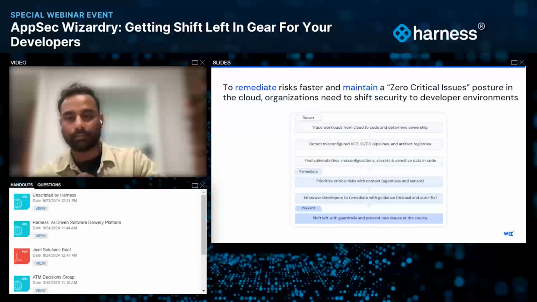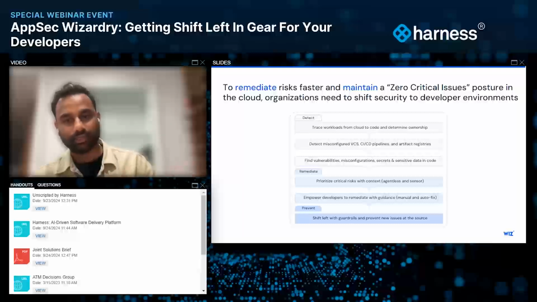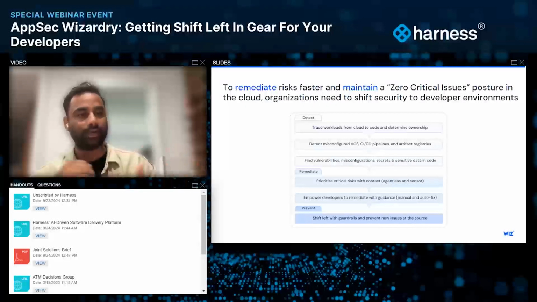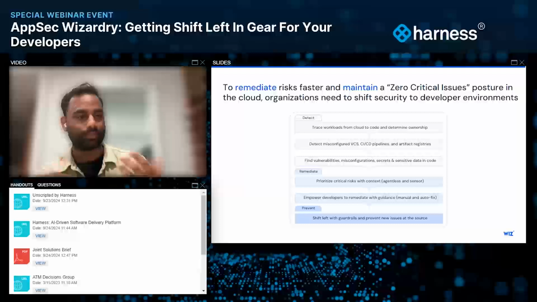And really, the outcomes that a lot of our organizations have received are twofold. The first is remediation. They've been able to improve their security posture by shifting a lot of the scanners and policies that we have in production to the left, because now they can quickly identify the root cause of issues, the code repositories, for example, and the risks, and fix them at the source.